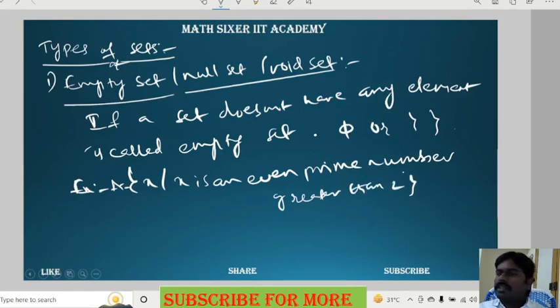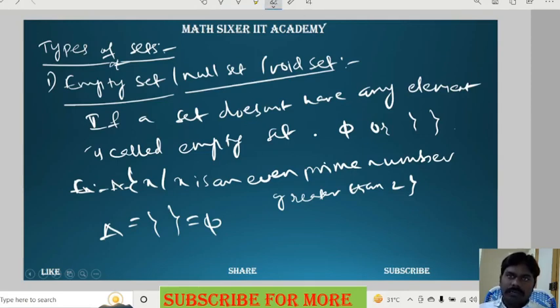There is only one even prime number, that is 2, so we don't have any number which is greater than 2. So here we will simply get the empty set. We don't get any element, so there is no element present in the set A. So A is called empty set, and you can denote it with empty braces or with phi. Okay, so this is about empty set.